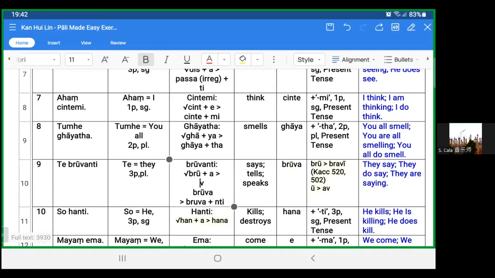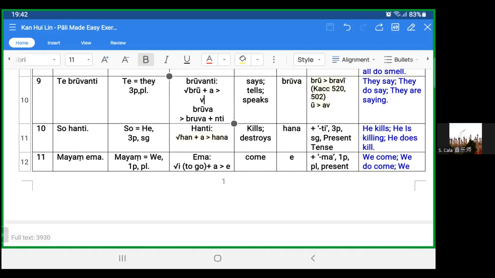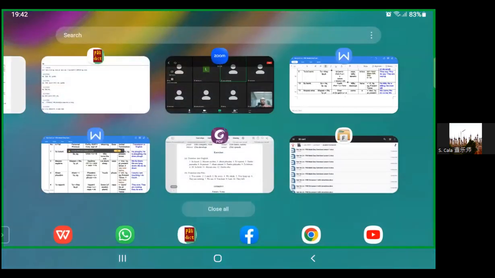So brew and a, build the v, so bruva. Instead of brua you get bruva. Okay, that's the reason here. Any questions? If not, I move to some simple chanting, because the purpose of learning all this Pali grammar, all these verbs, is for us to understand the chanting. Only through the chanting will you be able to see the working of Pali.